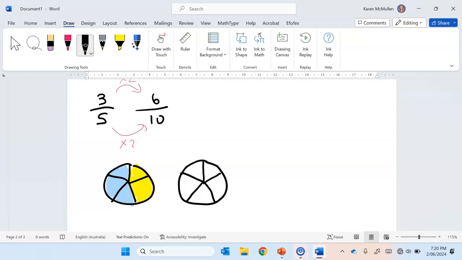So there's my 3 out of 5, but if I was to halve every piece of pizza, so let's say I had more friends come to the party to eat pizza, and I'm like, well, hey bestie, I have to split these 5 pieces in half, otherwise everyone's not going to get some pizza. So if I go ahead and split each piece, we now get those 10 pieces.